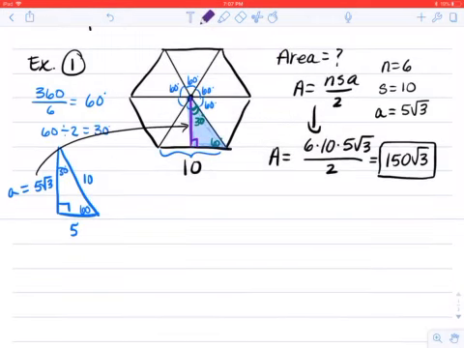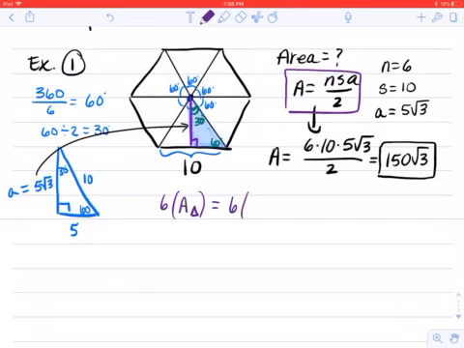And maybe I will show you. If you don't want to listen to this part, you can skip to the next example. But if I forgot this formula here, I could always do the area of the triangle and multiply by how many there are. Right? There's 6 triangles. So I could do 6 times 1/2 of base times height. So the whole base is 10.